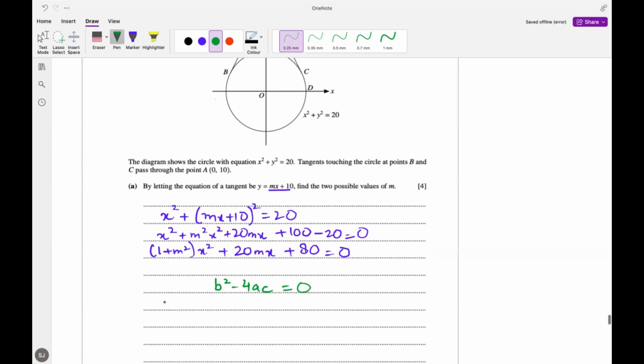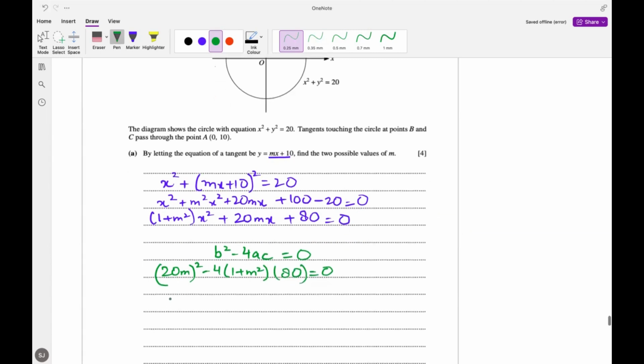So b is 20m, so we'll write (20m) whole squared minus 4 times a, which is (1 plus m squared), times c, which is 80, equals 0. Expanding, (20m) squared becomes 400m squared, minus 4 times 1 times 80 will be minus 320, and minus 4 times m squared times 80 will be minus 320m squared.